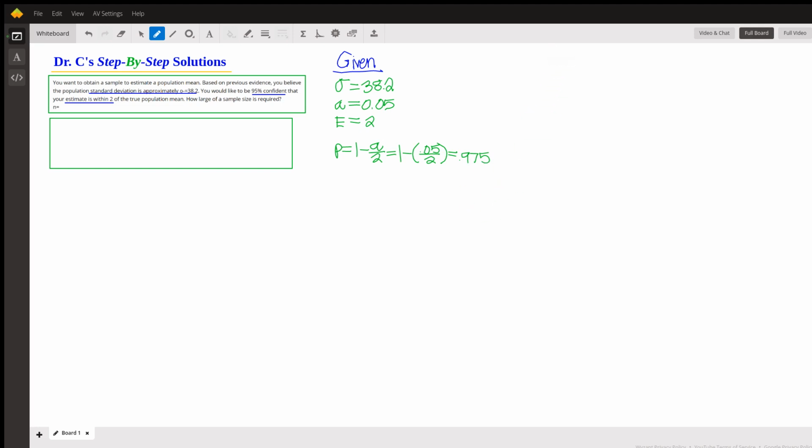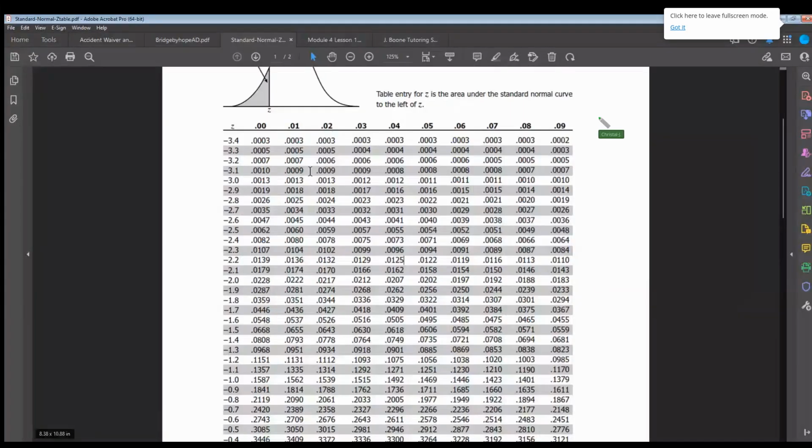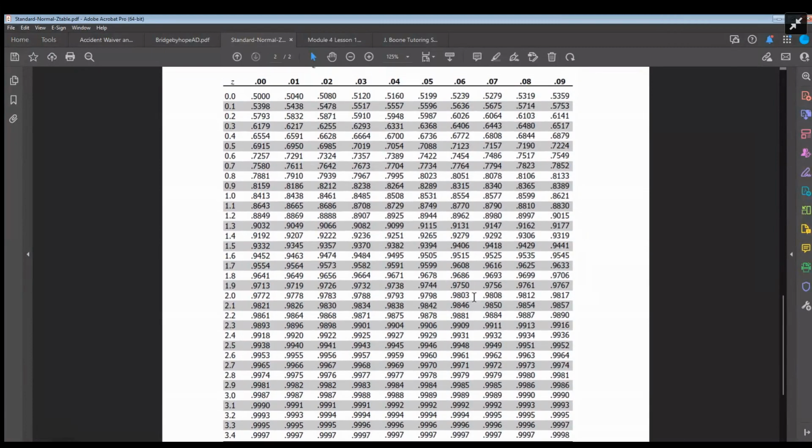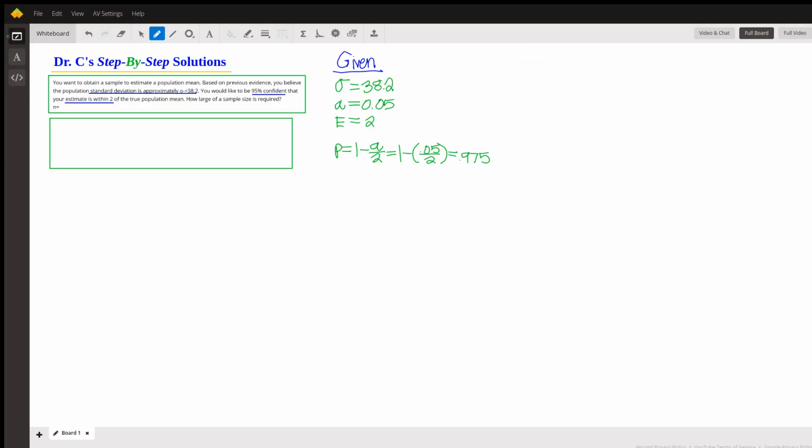You can do this in Excel and also in your calculator. So essentially we would find the Z score that matches 0.975, and we see 975 right here, and we match it to be 1.96. Okay, so our Z critical value is 1.96.